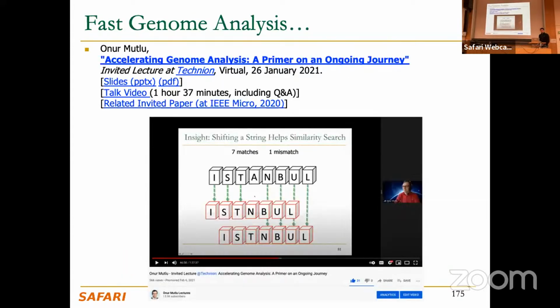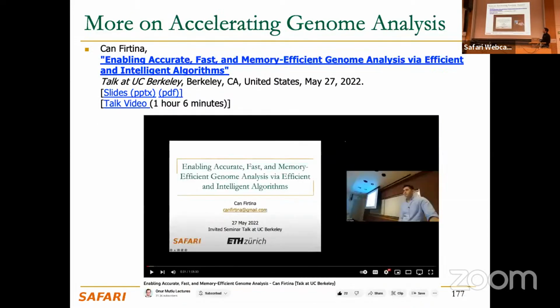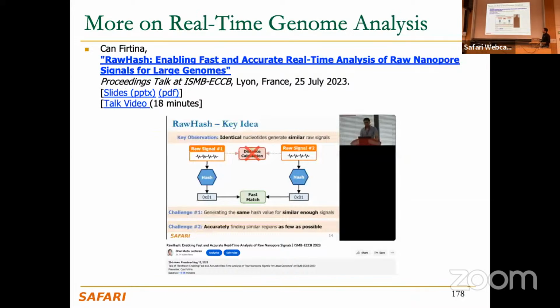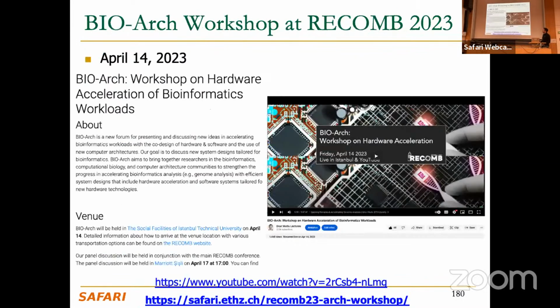So if you're interested, again, in this direction, as you might already guess, there are many, many materials available. You can take a look at these talks, watch them, and learn more about this direction. We also organize workshops related to this direction.